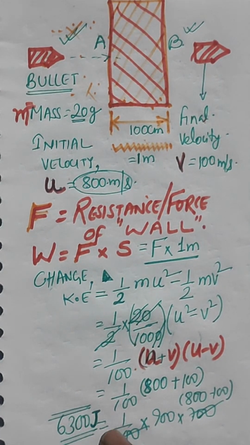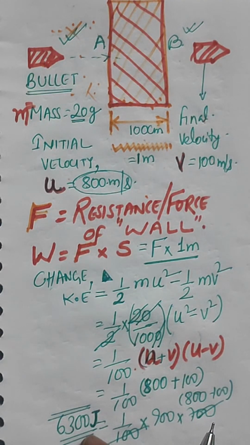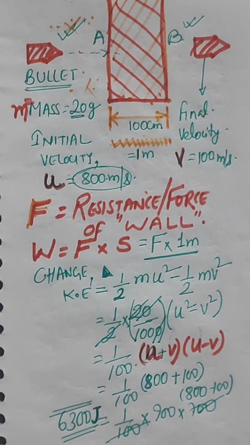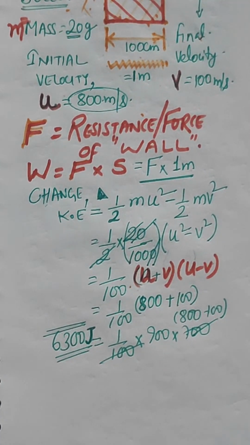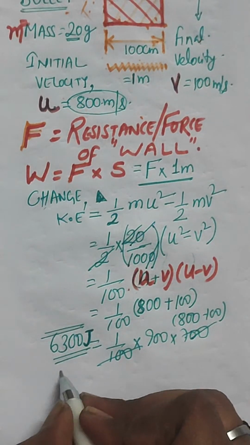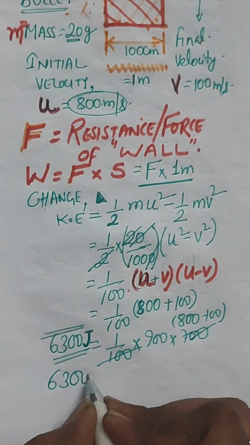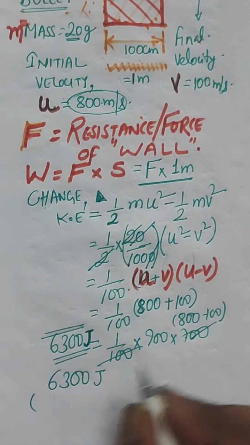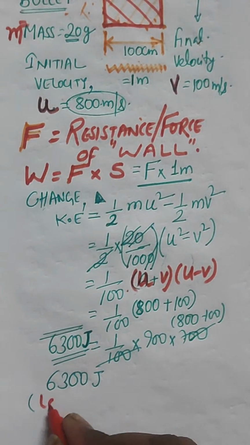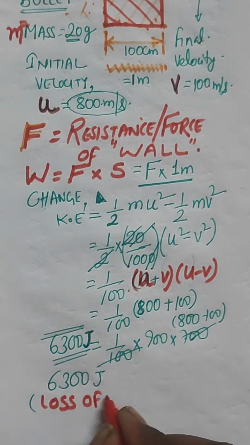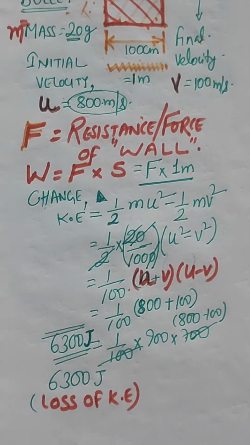So according to this work energy theorem, we can see the work done is equal to this loss of kinetic energy, right? So at this point we can say that this 6300 joule is the loss of kinetic energy, right?